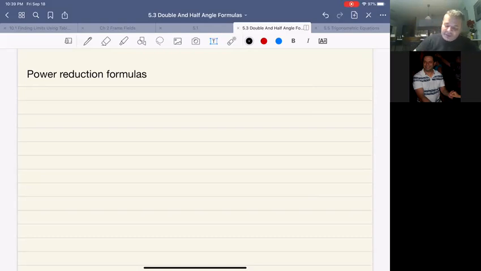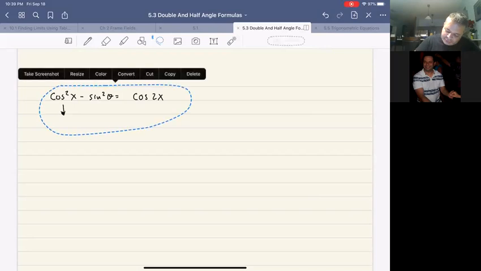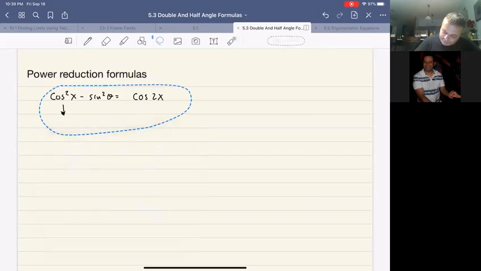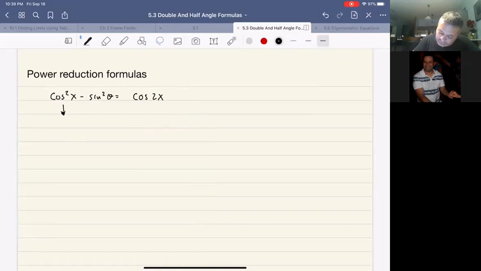Okay, so the power reduction formula. We're going to start from cosine squared of x minus sine squared of x equals cosine of 2x. Now, what can we think about cosine squared of x?